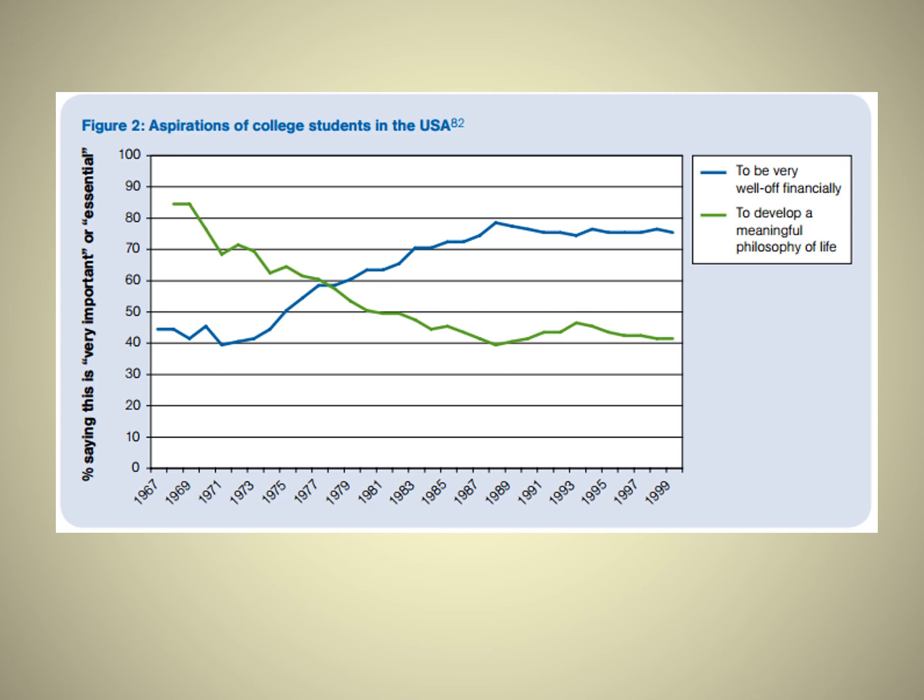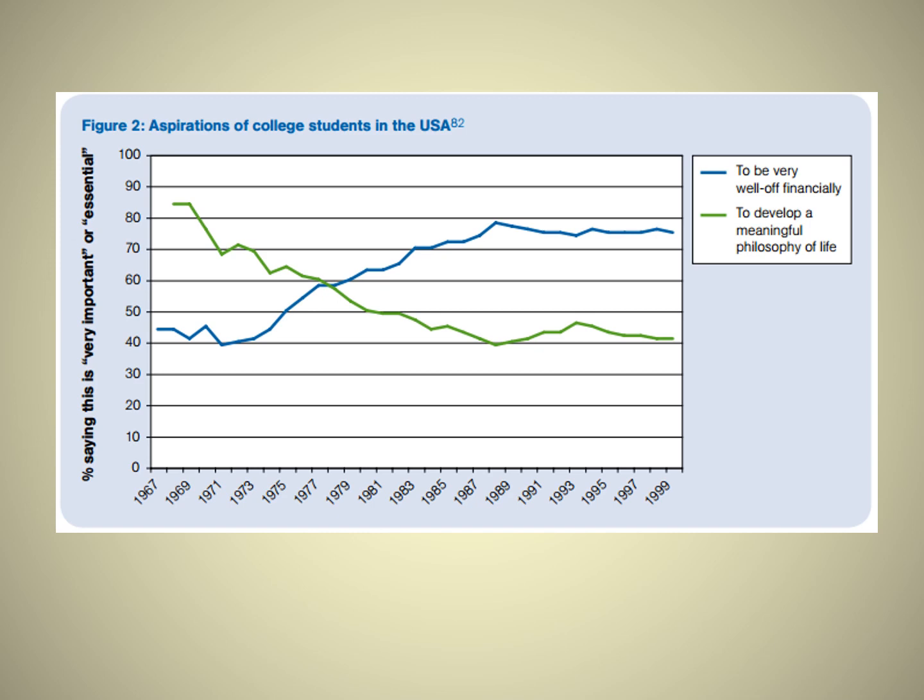The numbers add to over 100 because people might have picked both reasons. That has declined, and going to become well off financially has increased, so that today almost 80% of people go for the money rather than for the knowledge. And again, the assumption I think is that money will result in the good life.